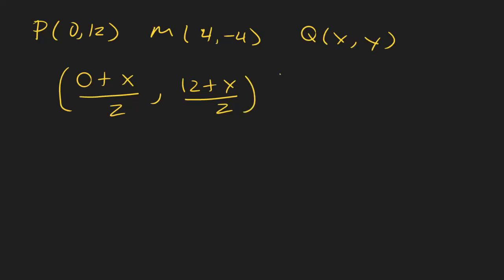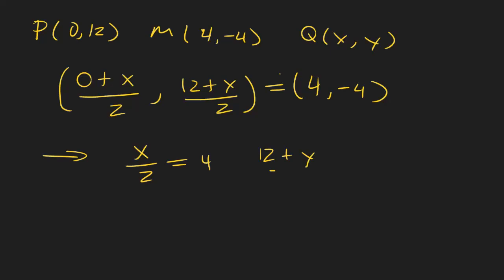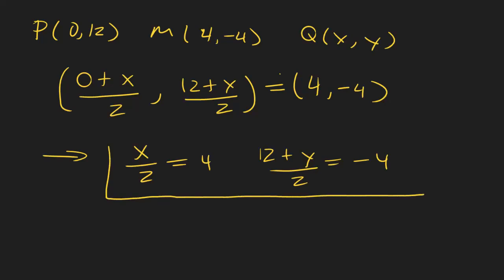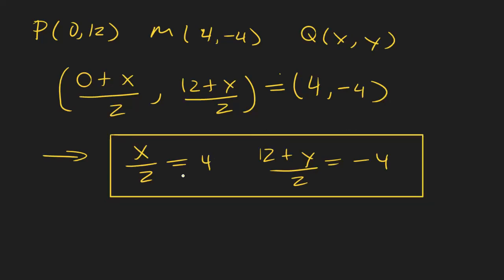So this gives you the equation x over 2 equals 4, and 12 plus y divided by 2 equals negative 4. I'll leave it to you to solve this because this is just a linear equation, right? You can solve for x and y respectively, and it's going to tell you the other point, Q of x, y.